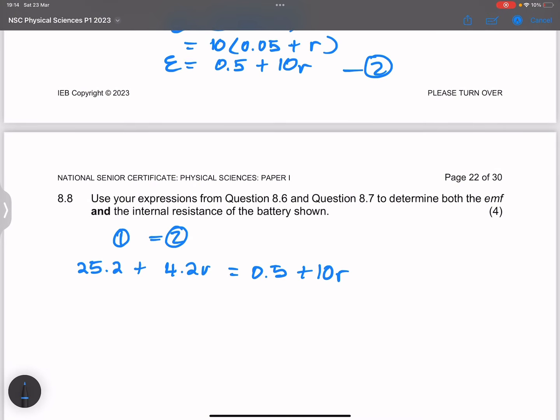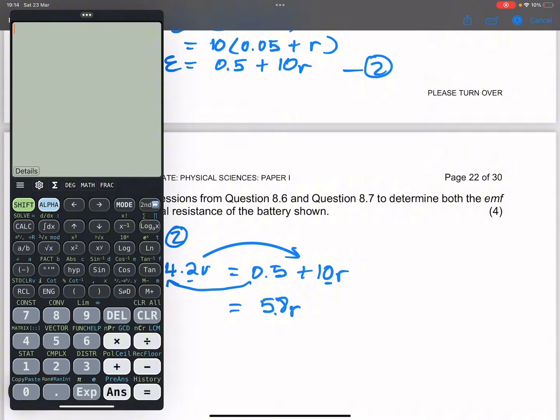Right, so this would now say to us, we've got 4.2 and 10 over there. If I take my r's, okay, 10 minus 4.2, this would give me 5.8r. And if I take that value there, 25.2 minus 0.5, okay, I get 24.7.